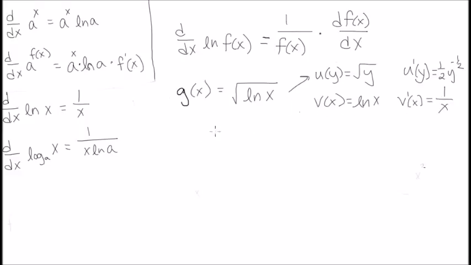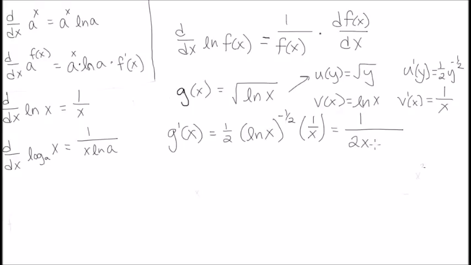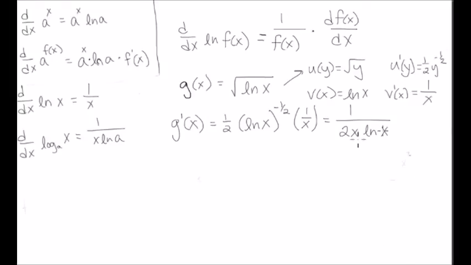So taking the composite function, the derivative of g of x is going to be the derivative of u, which is 1/2, and here we're plugging in the natural log of x for y, raised to the negative 1/2 power, times the derivative of v, which was 1/x, which we can rewrite as 1 over 2x times the square root of ln x.